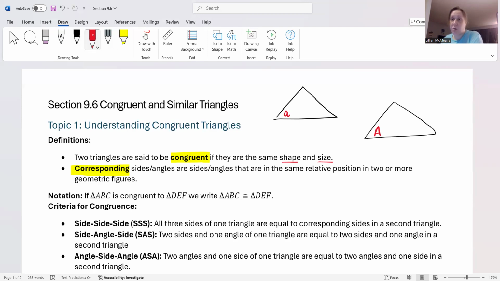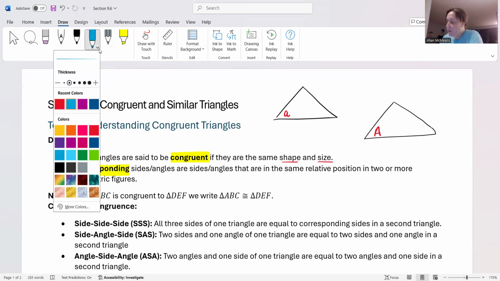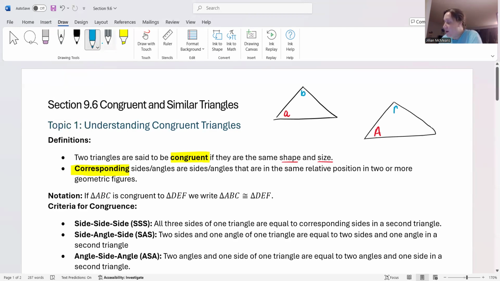So they would be considered corresponding angles. And then I could label this one little b and big B. They would be considered corresponding angles because they're in the same location from one triangle to the next. And then finally, we could have little c and big C. Again, they would be considered corresponding angles because they're in the same spot.